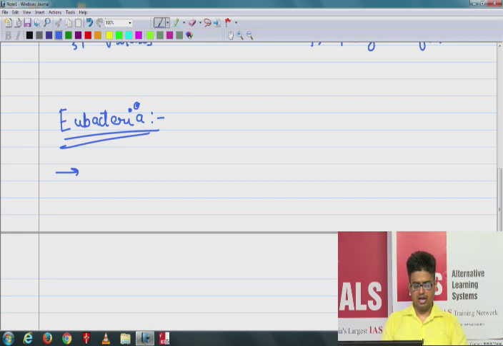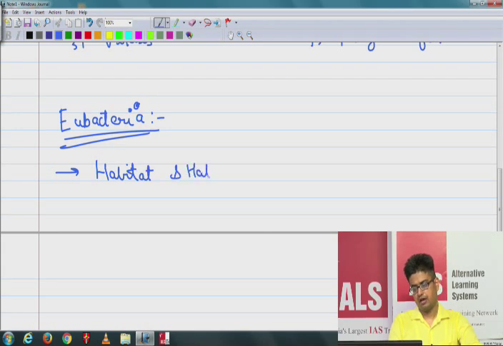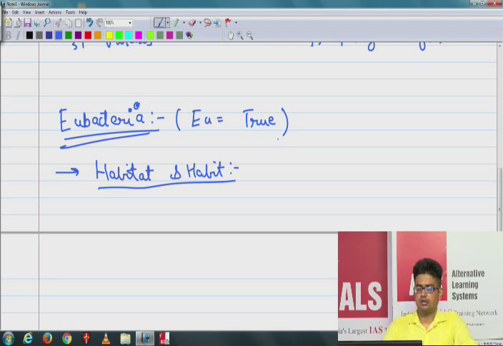So we will write about habitat and habit. First of all, habitat and habit of eubacteria. Okay, first of all, EU means true. So true bacteria.